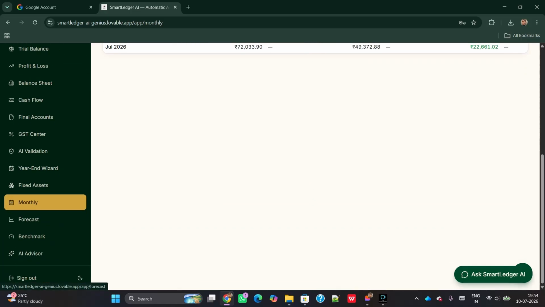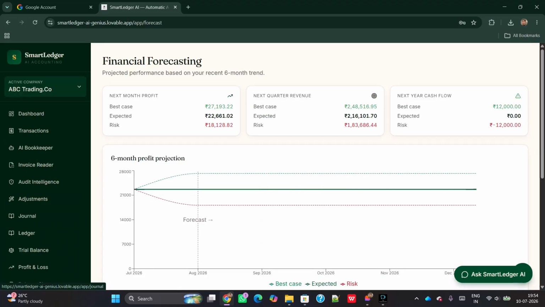Now, coming to the next feature, that is forecast. Forecast is one of the beneficial features which helps the business to find out in this month how much profit has been made, how much would be in the best case, and the risk.